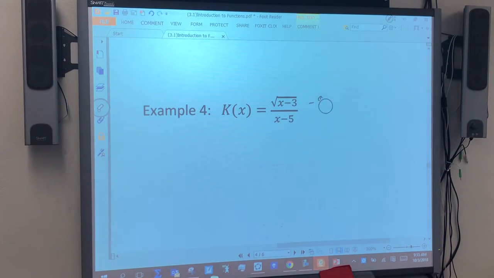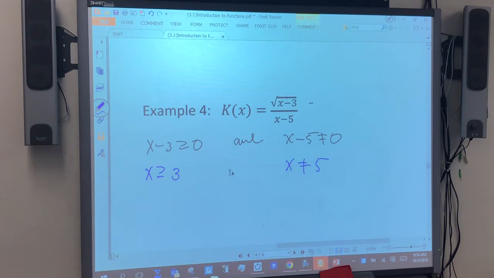Yeah. So what we're talking about here, when we do our restrictions, it's an "and" argument. We need x minus 3 to be greater than or equal to 0, don't we? And x minus 5 cannot be 0. So it's going to give me x is greater than or equal to 3, and this is going to give me x cannot be 5, right? But if I use the argument of "and," it's going to be the overlap of these essentially.